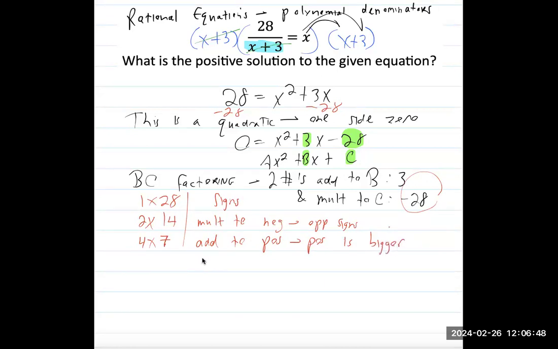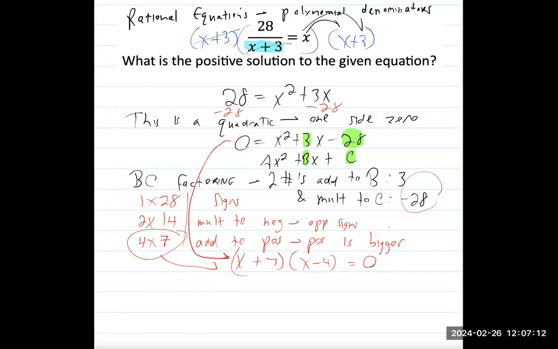So we got two numbers, opposite signs, the positive one is the bigger, and they need to add to 3. Put that all together, and that would be x plus the 7 and x minus the 4. So we took this and we replaced it with that.